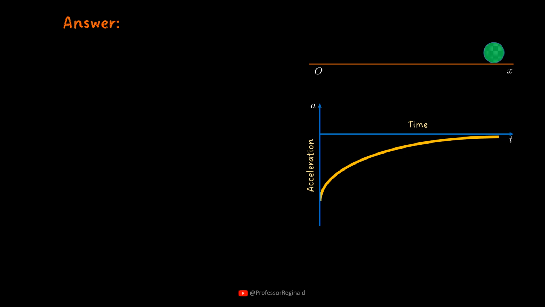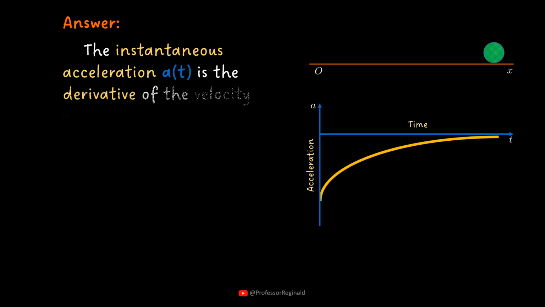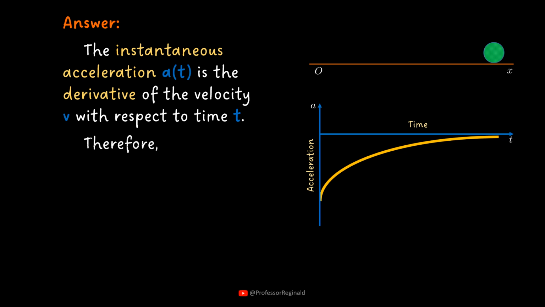Answer. The instantaneous acceleration a of t is the derivative of the velocity v with respect to time t. Therefore, a of t equals the limit of delta v over delta t, as delta t approaches 0, which is known as the derivative of v with respect to t.